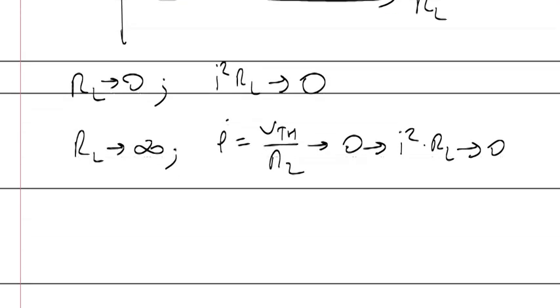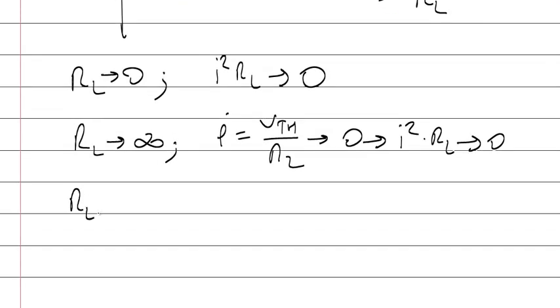And if RL is equal to R Thevenin, then I squared RL is the maximum.